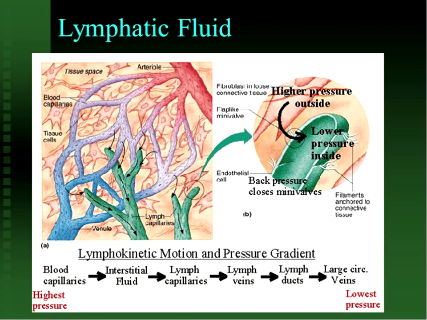Okay? So, looking at how this works, blood capillaries, which are at the highest pressure, flow into venules, and as they do so, because of capillary hydrostatic pressure and capillary oncotic pressure, fluid exits into the interstitial space and becomes part of the interstitial fluid.